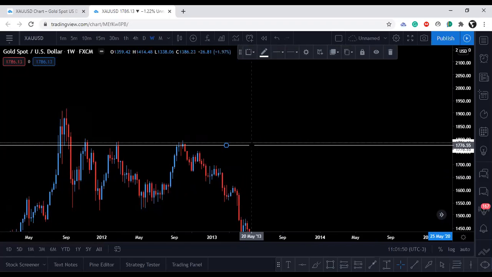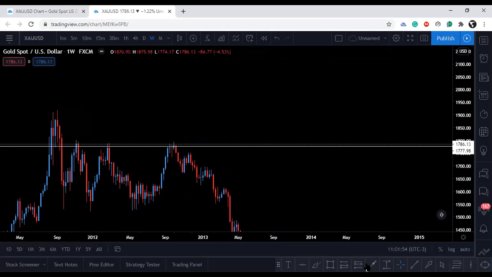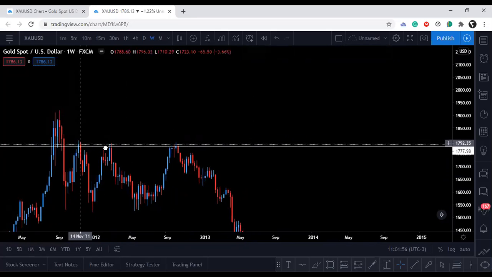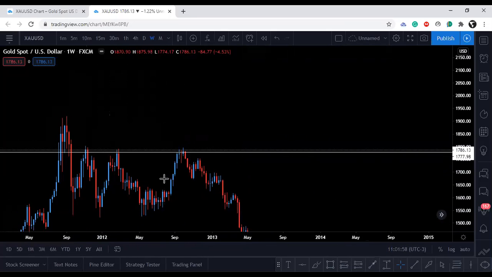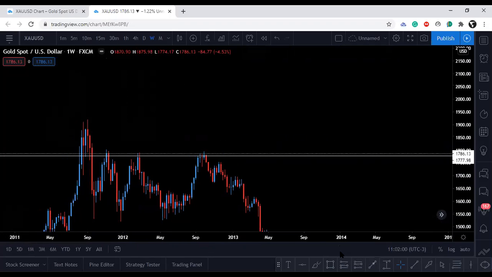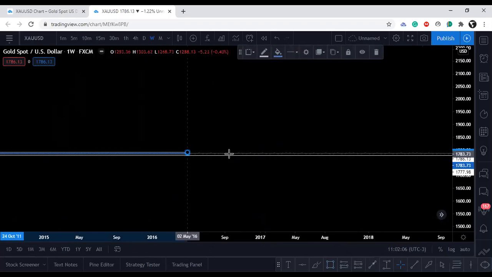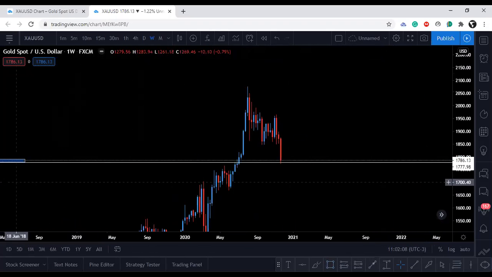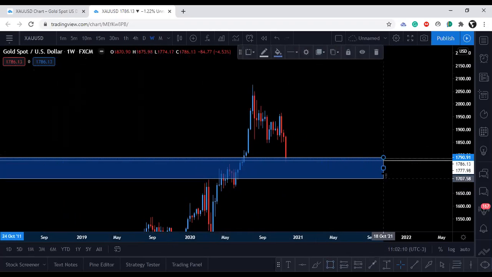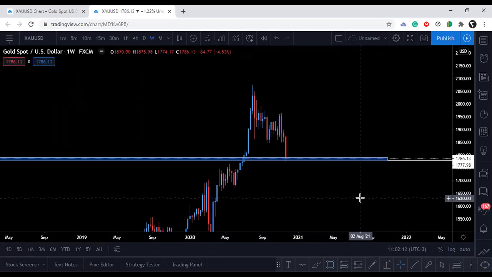This is the previous structure of gold. So gold is hovering around a strong level of support here. This is a weekly support.